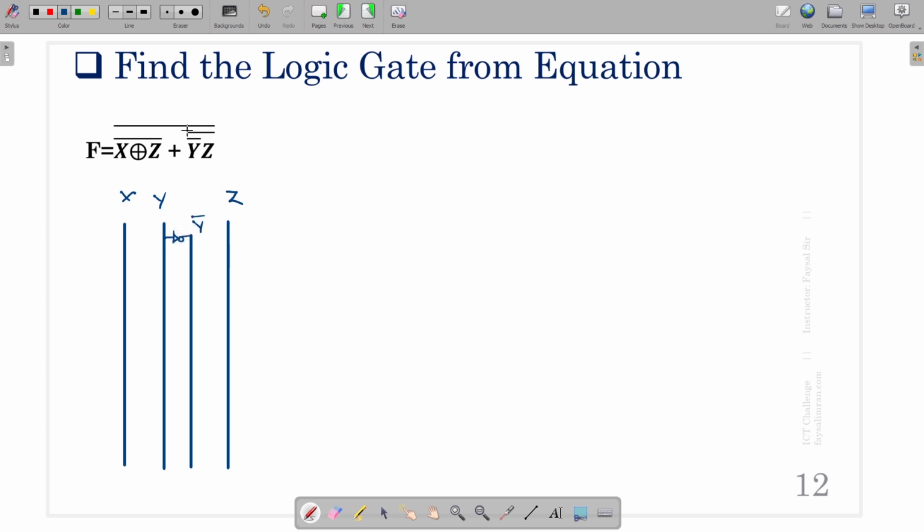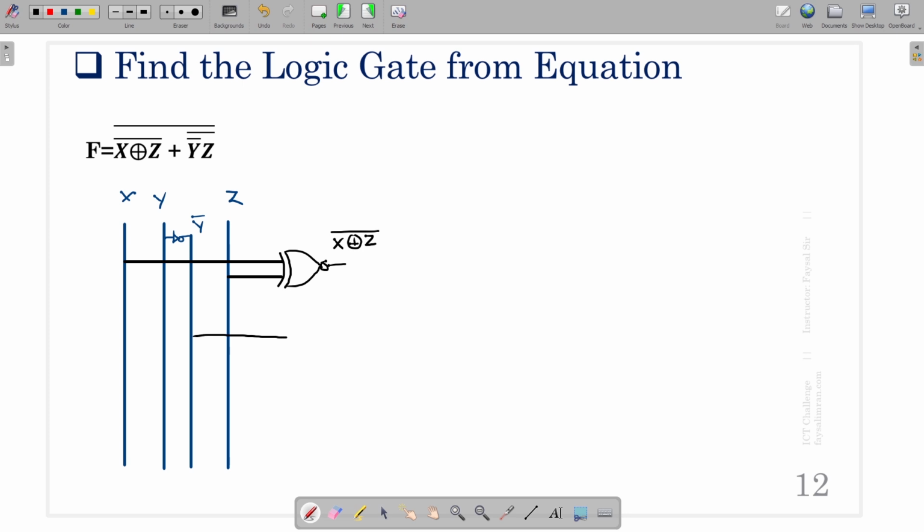This is y bar. So here we need x XOR z whole bar. So we need x and z for the XNOR operation, x and z. So here we place an XNOR gate, so we'll get x XOR z whole bar. Also we need y bar z whole bar.